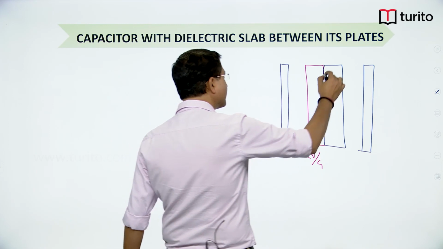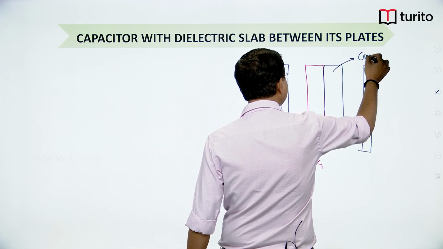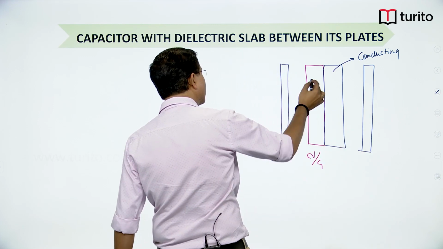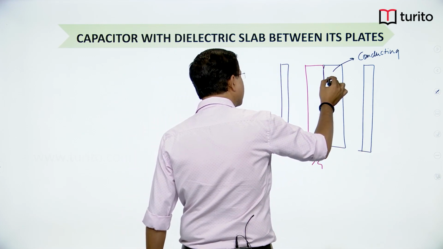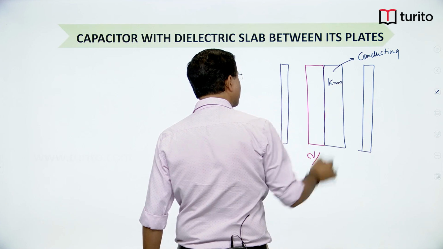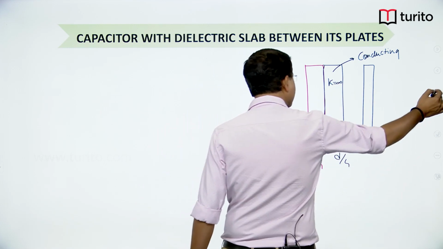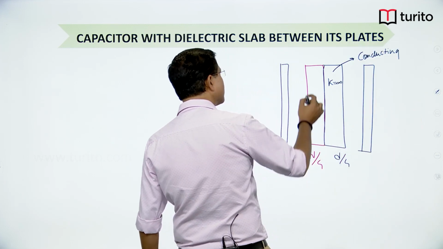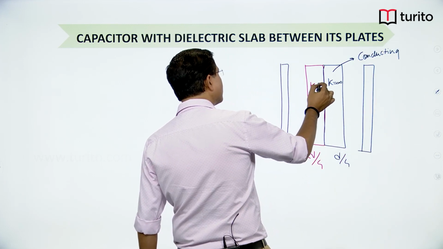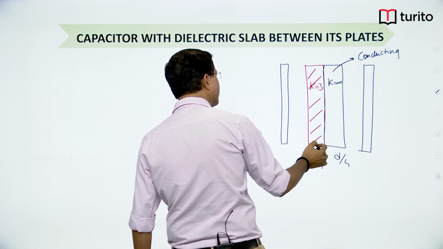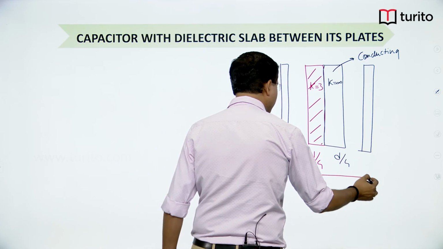This one I have taken conducting, and this one I am taking dielectric. Conducting means K is equal to infinity for this one, and thickness of this one say d by 4, and this one is K is equal to 3, right, and thickness is d by 4, this total is d.